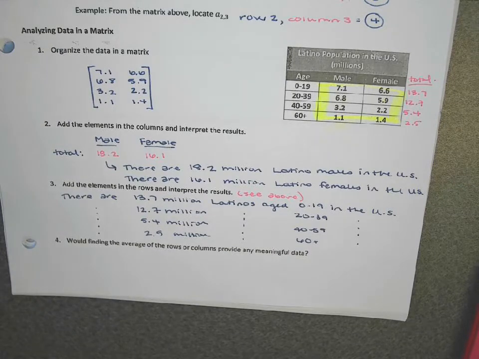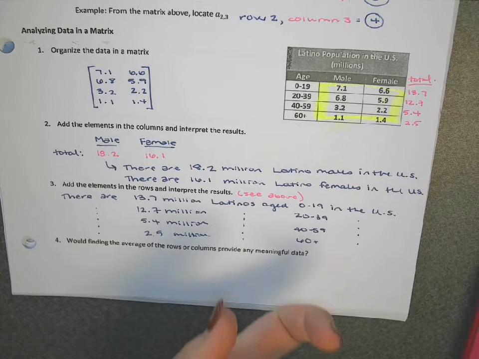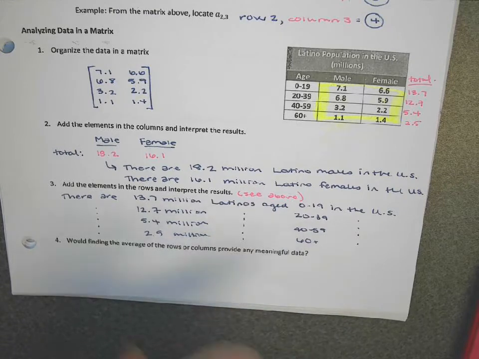If they take a bunch of data and then you find the average of it, you can say that the average gas mileage for this type of car is such and such. And that's a normal average to find to figure out a gas mileage of a vehicle versus number of people in a certain gender. It doesn't really have meaning.